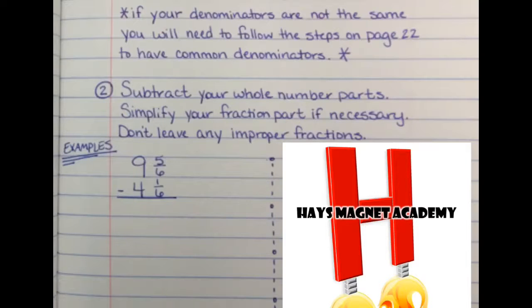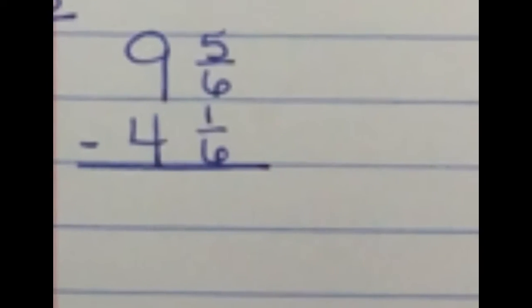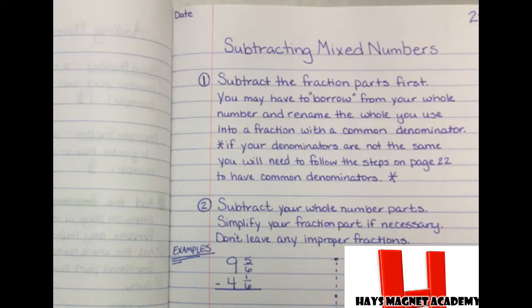Alright, we're going to look at 9 and 5/6 minus 4 and 1/6. So we're going to check we have common denominators here. We're going to subtract our fraction part first. That was our first step, if you remember, back up here at step 1: subtract the fraction parts first.